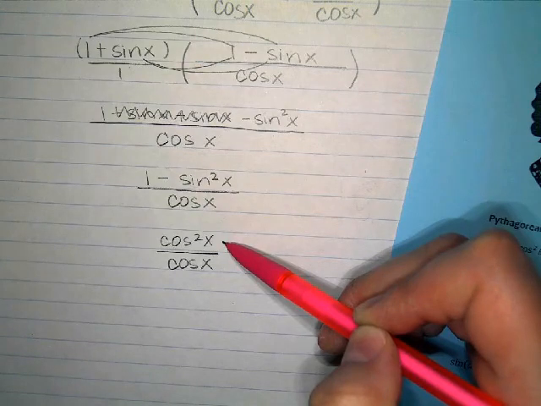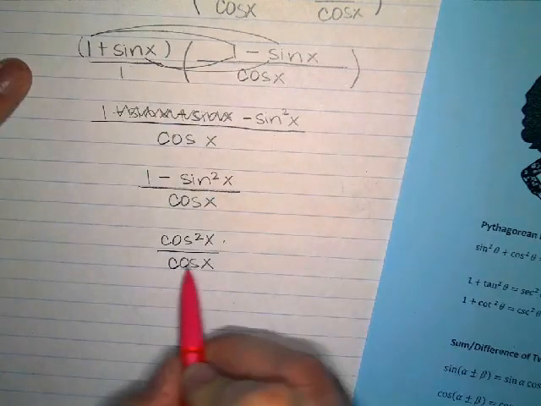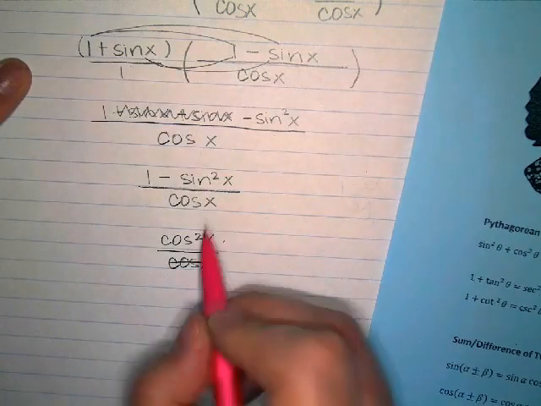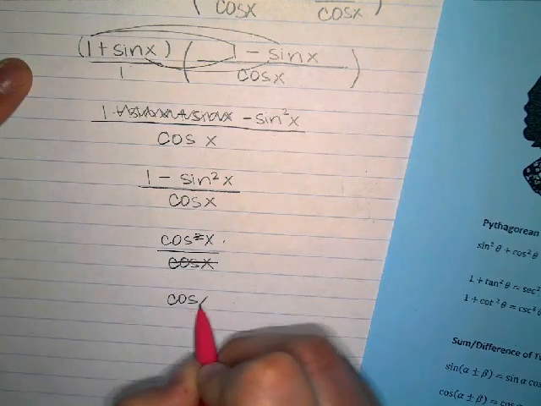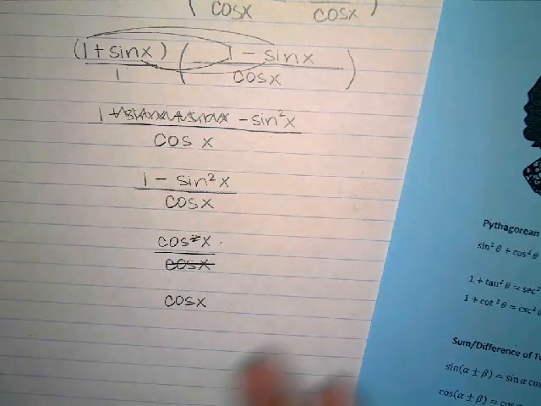I can cancel 1 cos on the bottom with 1 cos on the top. My final answer is cos. Now the instructions told me to simplify. Does it seem like I've done that? Yeah. The answer is cos.